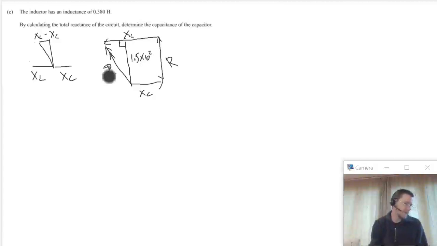We haven't worked out Z yet, but there are things we can work out from here in any case. We know that this angle here is 35 degrees.